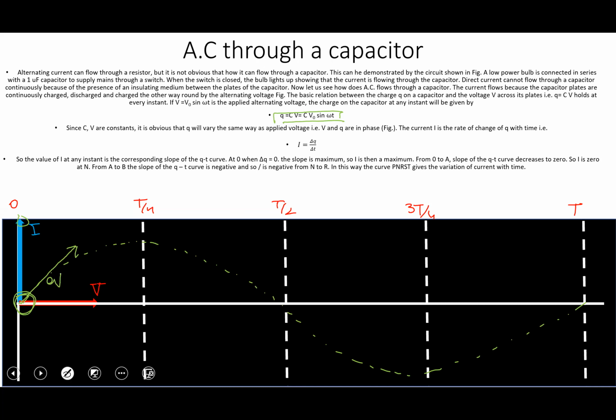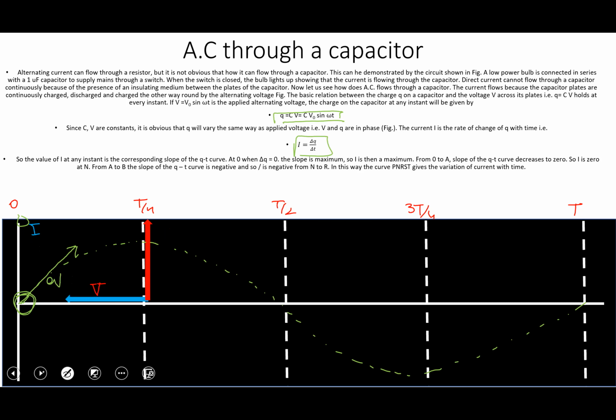The slope is maximum. That is why we have represented I is equal to delta Q divided by delta T, which is slope of I. It is maximum at this point. If we continue to the point of T by 4, what will happen? Let's see. That means now the voltage has increased to maximum point and current has gone down to 0.